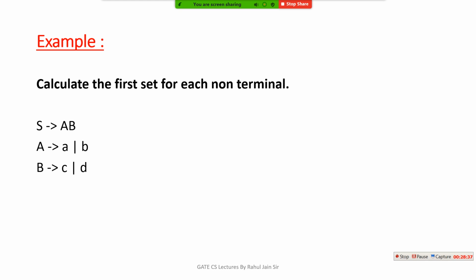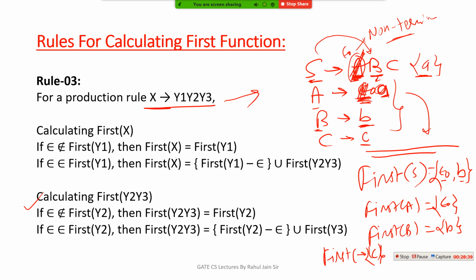Yes, Poshali, I am explaining the first of S once again. So suppose S is deriving A and A is deriving epsilon. In this case first of A is epsilon, because A is deriving epsilon. And what is first of S?